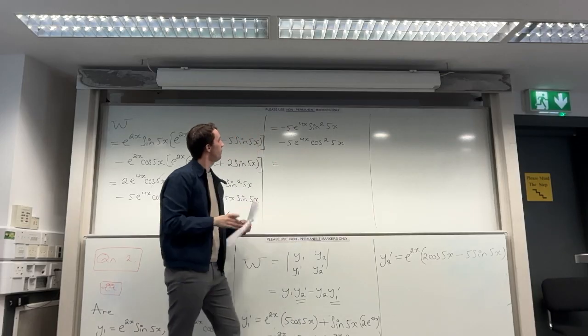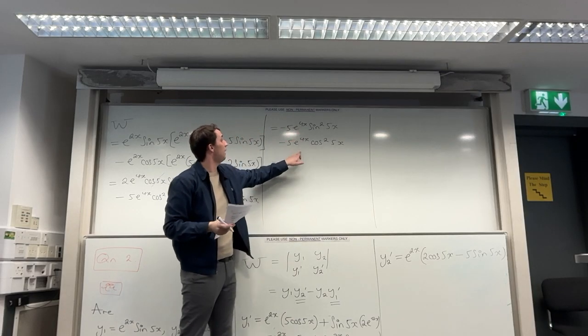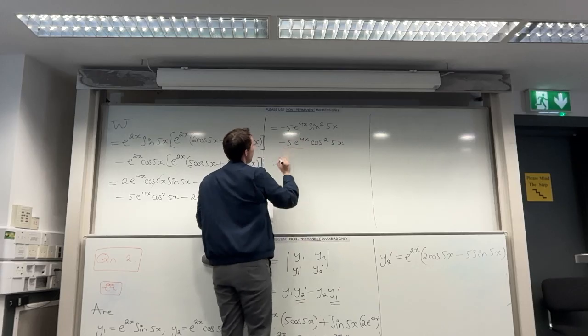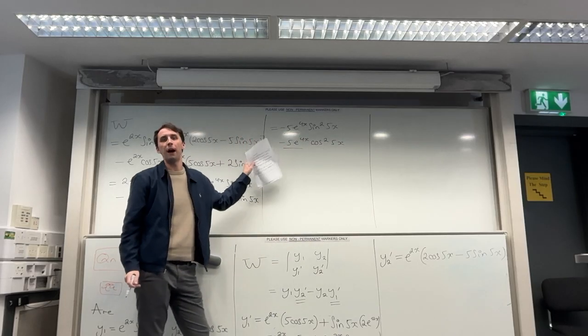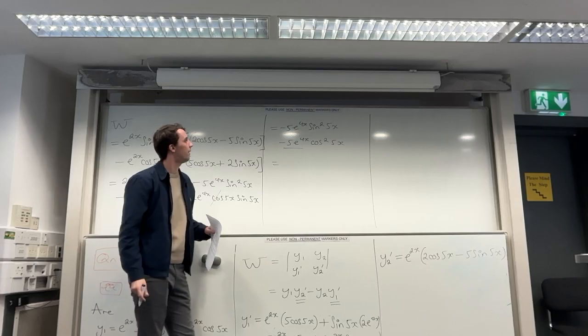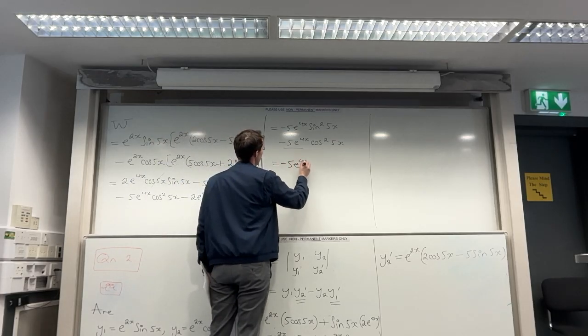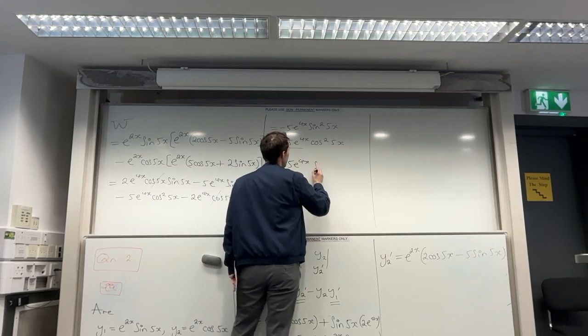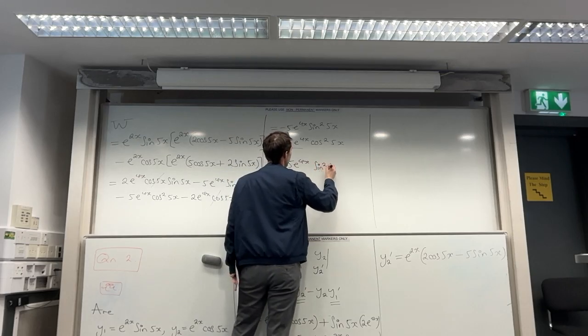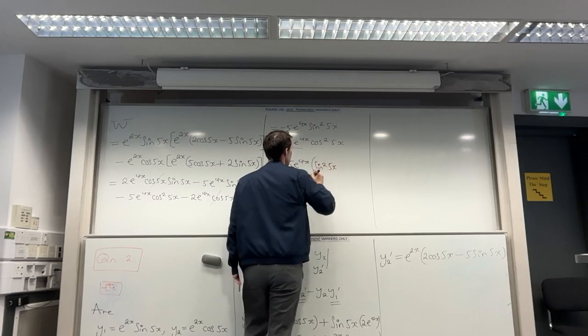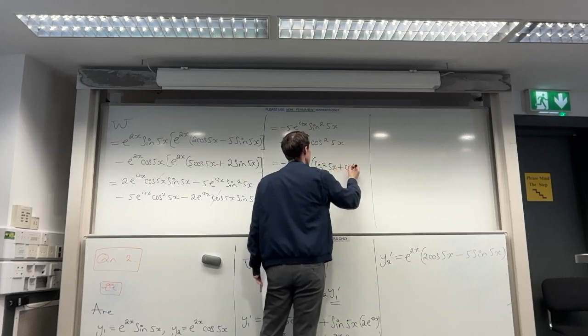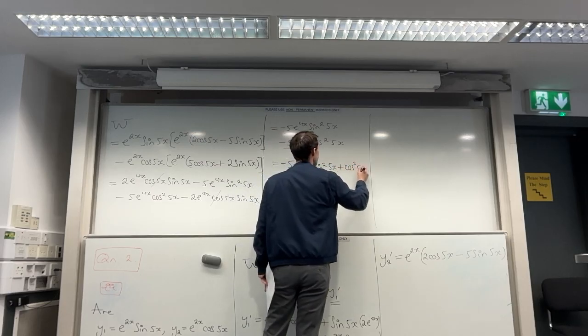Notice there is a common factor in both terms, minus 5e to the 4x. Factorizing that out, we're left with minus 5e to the 4x times (sine squared of 5x plus cosine squared of 5x).